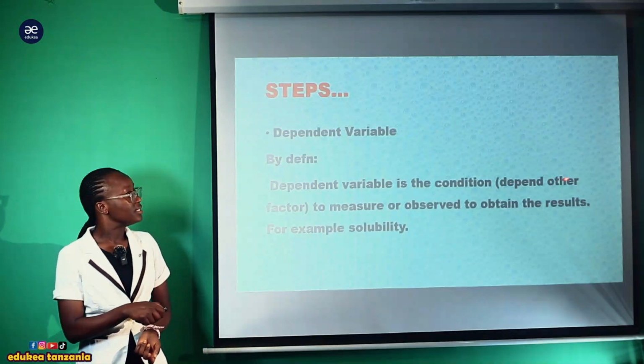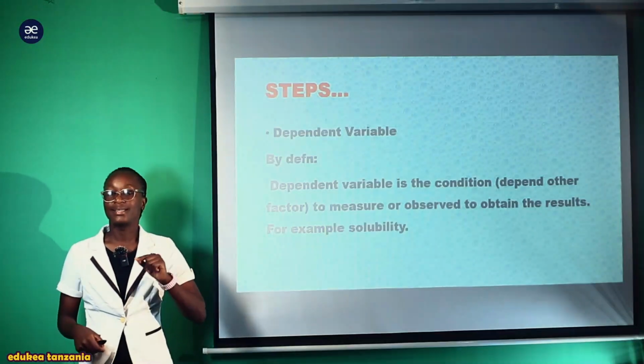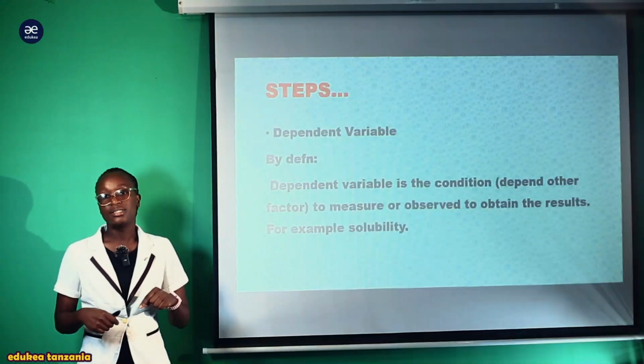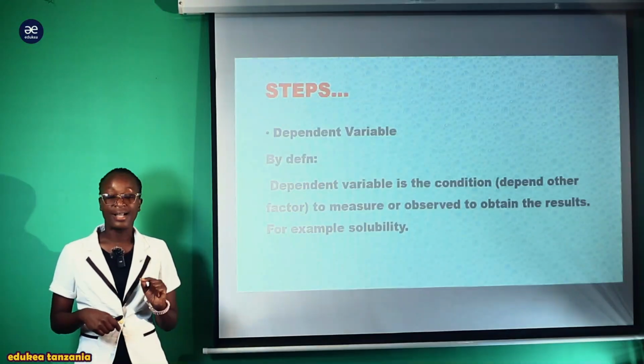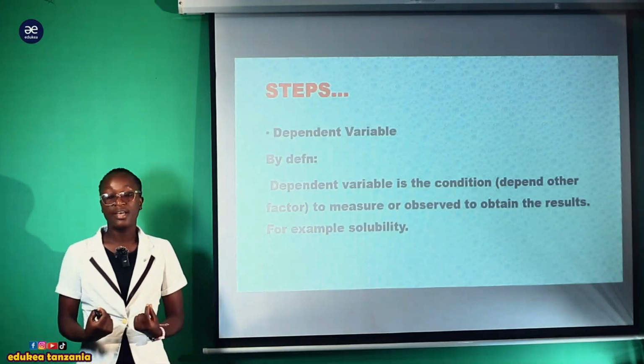Kwamba yenyewe ni dependent, inategemea. That's why it's called dependent variable. Kwamba it depends on other factors. So it is just a condition to measure or observe to obtain the certain result.